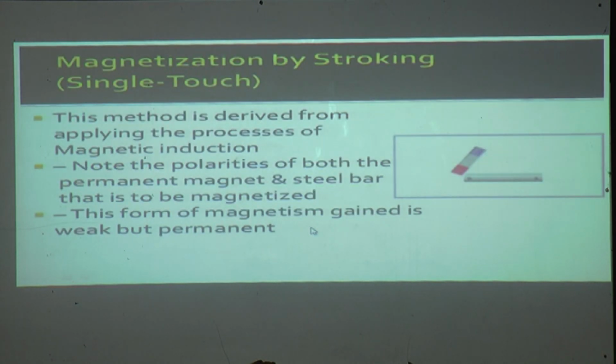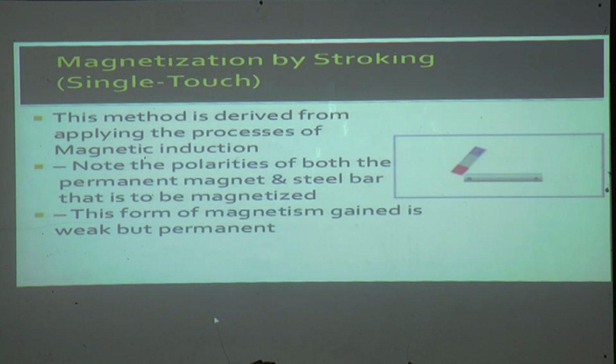Now, magnetization by stroking. By stroking we can change a substance into a magnet, by two methods: single touch and double touch. This method is derived from applying the processes of magnetic induction. Note the polarities of the permanent magnet. We take a permanent magnet and a steel bar, which is a magnetic substance.